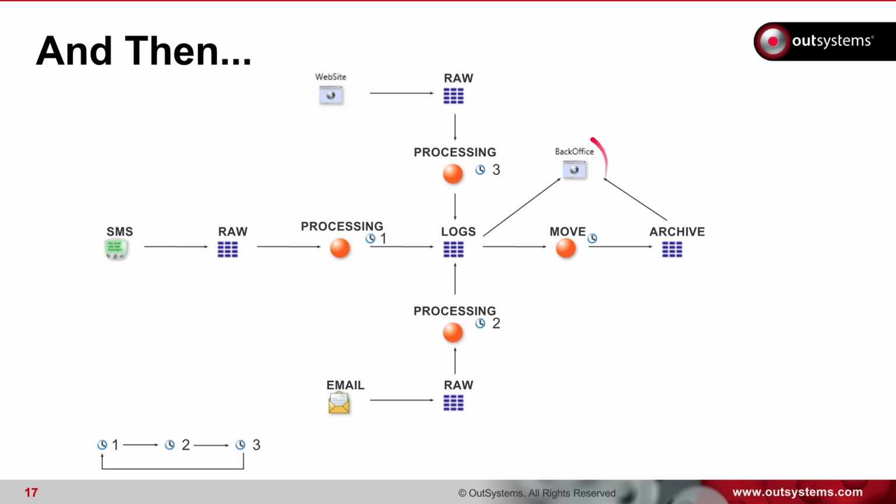Of course, if you want the back office to be able to access the archive entity, you need to change the back office screen now, either by having an explicit user interface that selects which entity is being used to search, or by automatically understanding the rule that's being used here. So say that the rule here is that every log entry older than a month is moved here, then the back office can use the same rule.